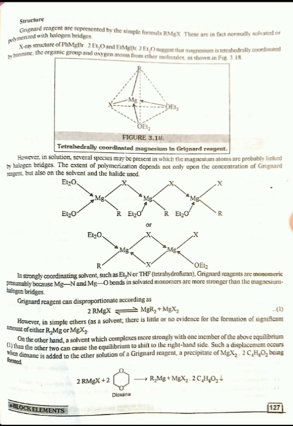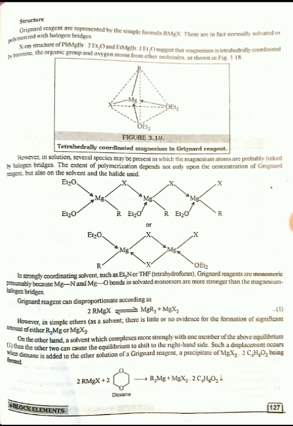These are in fact normally solvated or polymerized with halogen bridges. X-ray structure of PhMgBr.2Et2O and EtMgBr.2Et2O suggests the magnesium is tetrahedrally coordinated by bromine, the organic group, and oxygen atoms from ether molecules, as shown in figure 3.18. However, in solution, several species may be present in which the magnesium atoms are probably linked by halogen bridges.